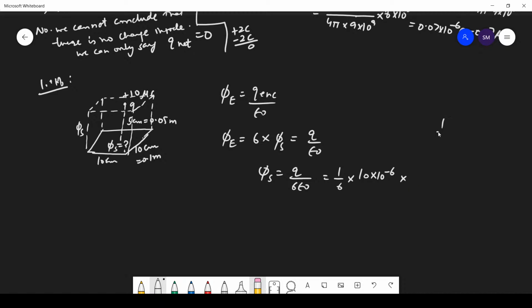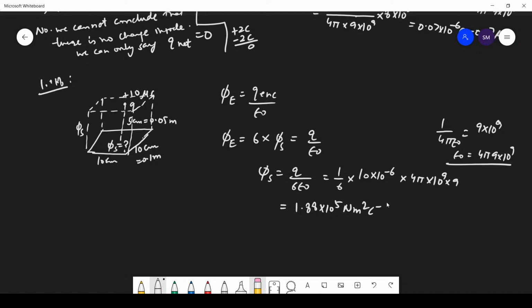We know 1 upon 4 pi epsilon naught is equal to 9 into 10 power 9, so epsilon naught is 1 upon 4 pi into 9 into 10 power 9. If you calculate, this comes out to be 1.88 into 10 power 5 newton meter square per coulomb.